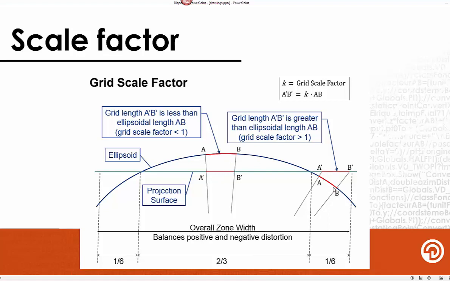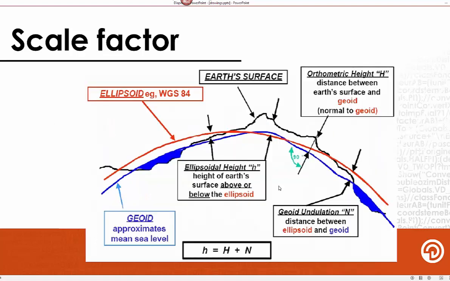And the opposite is true in here, where if you measure something, it's going to appear much larger on your UTM than what it is really. So that's why we have some formulas, and then we can balance the distortion in there. This is also part of the scale factor.